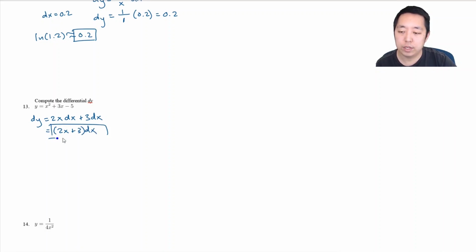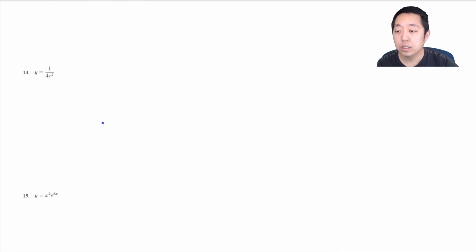That's my differential there. Here, dy is going to be 1/4 x to the negative 2, because the 4 is in the denominator, so this is 1/4. So this derivative is going to be 1 over 4 times negative 2, just applying the power rule, times dx. That's negative 1/2, 1 over x cubed dx. That's my differential.